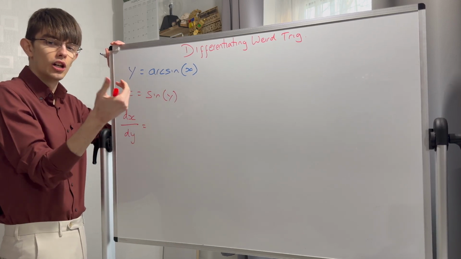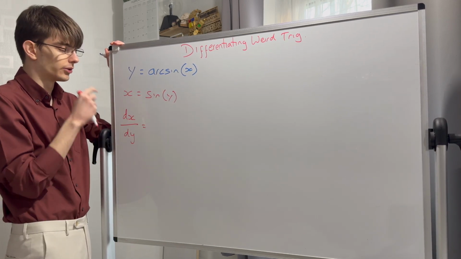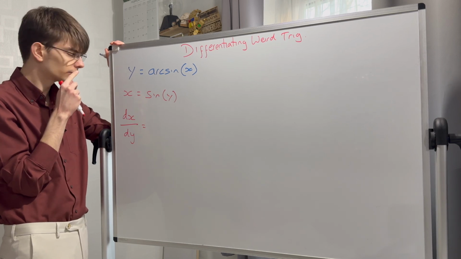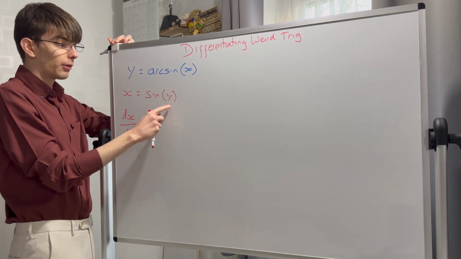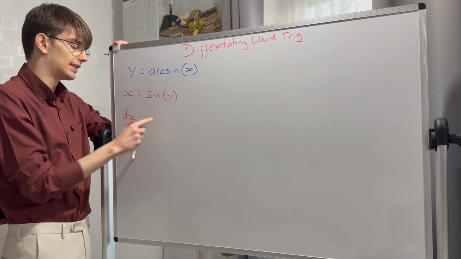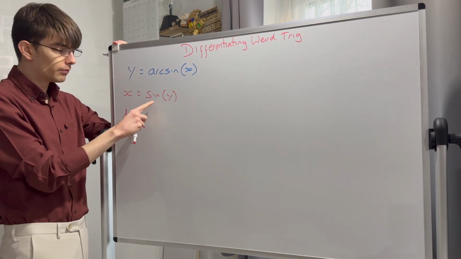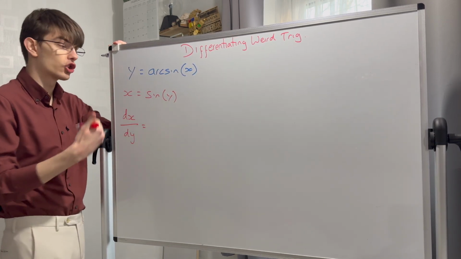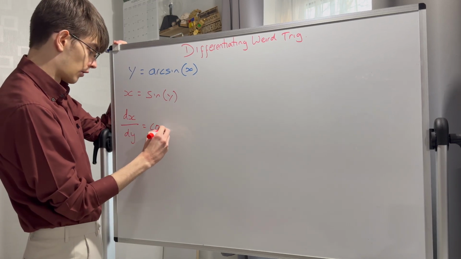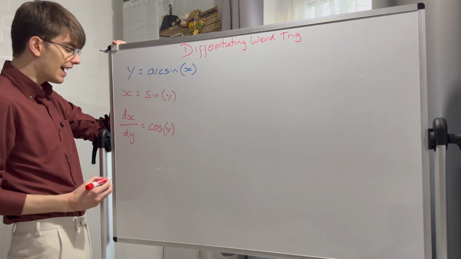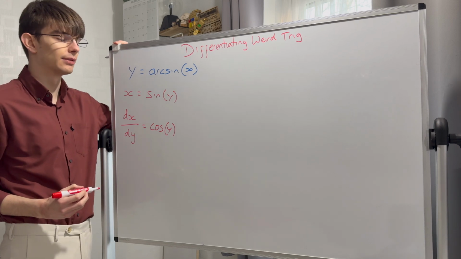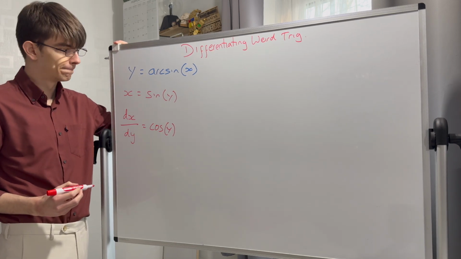So that's the main thing my equation is equal to, so it's going to go on the top. And then the variable I'm concerned with is no longer an x, it's now a y. So sine, we should know, differentiates into cos. So dx by dy is simply cos of y.